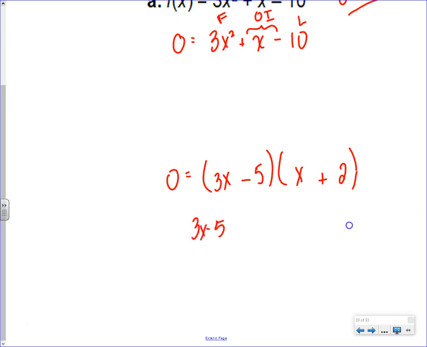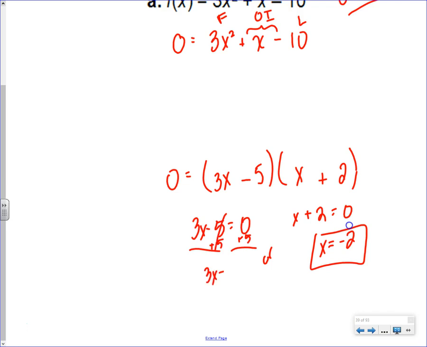Most of you, by looking at this, knew that x equals negative 2 is one way. Subtract the 2 to the other side, yes. You do get the negative 2. And yes, by adding the 5 and dividing the 3, you also get the 5/3.